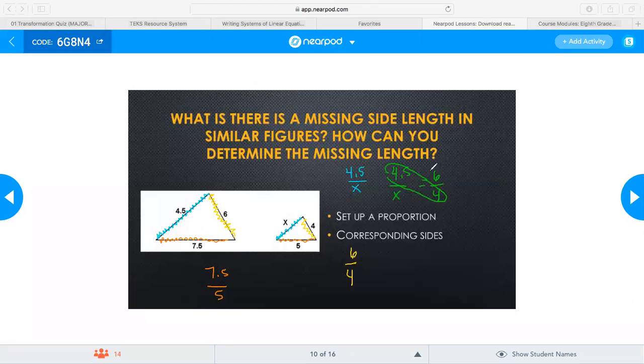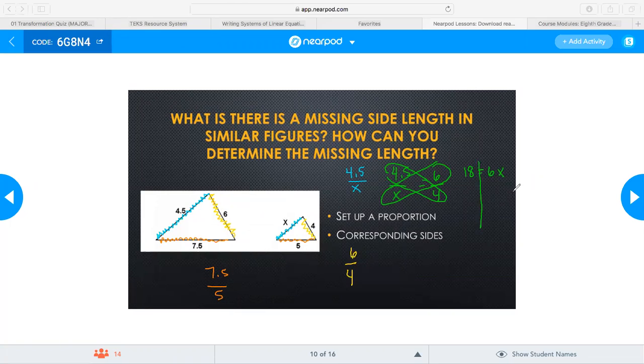So Carolina already told us we're going to multiply 4.5 times 4. Let me just get my calculator. 4.5 times 4 is 18. And 6 times X is 6X. So someone tell me what to do from here.